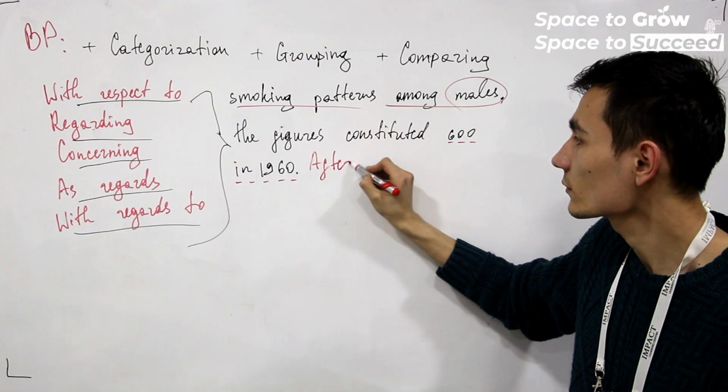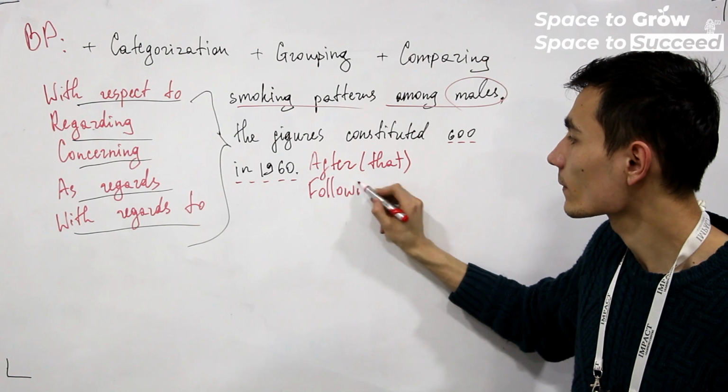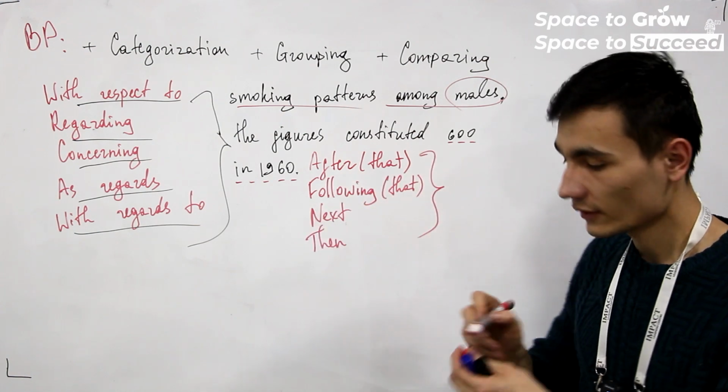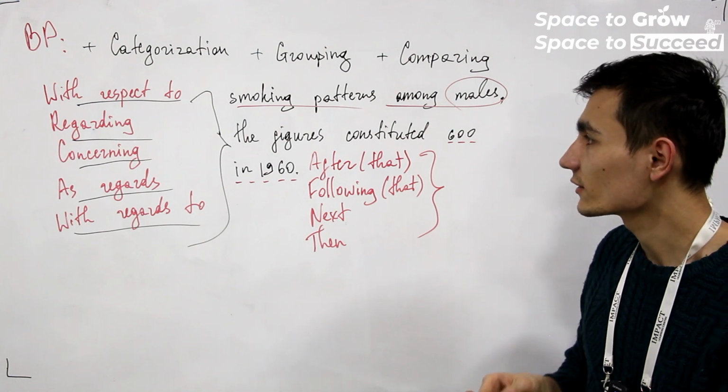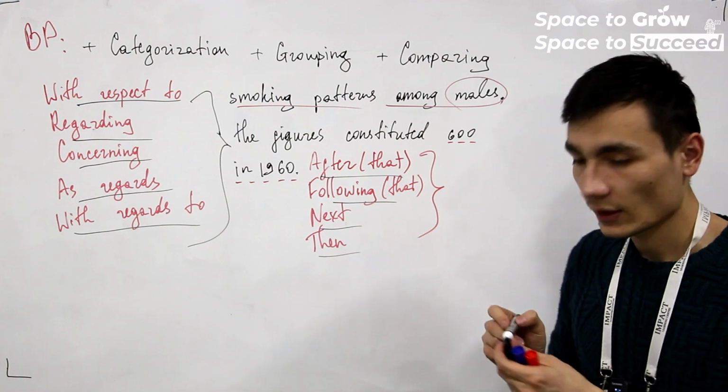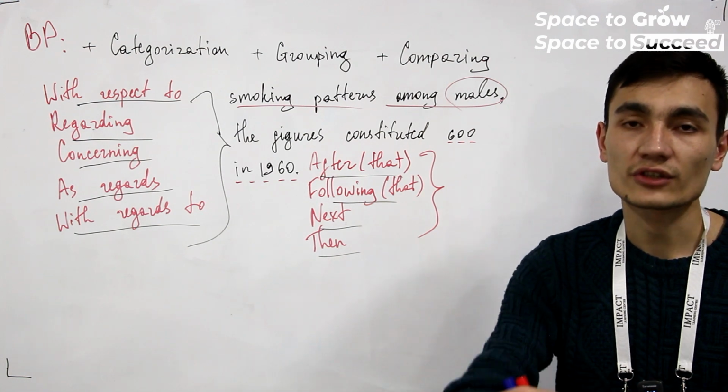To connect these sentences, as I said, we have to use linkers. These linkers are after that, or following that, next, then. We can use these connectors. They mean basically the same thing. They just give the next stage of events. After that, we can use the structure there is, there are.